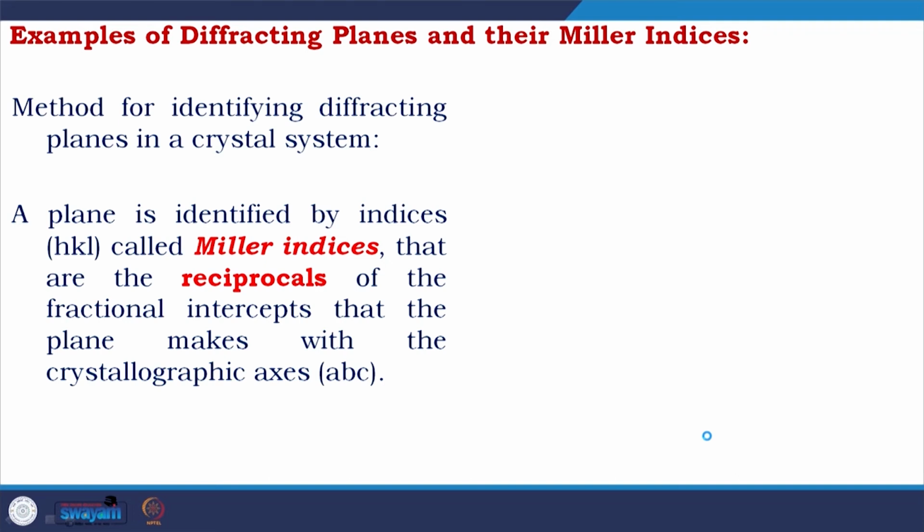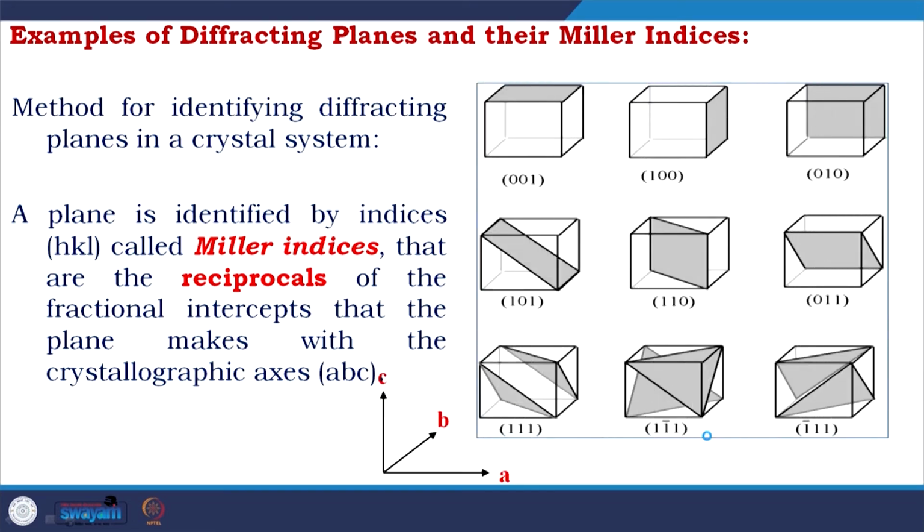You have A, B and C, and in the case of Miller indices, you actually get all integer numbers: 001, 100, 010, 101, 110, 011, 111, 1 bar 1, bar 1 1 1. So, they are all integers, that is the biggest advantage. Here you get integers or 0, whereas for the real axis you get fractions or infinity.